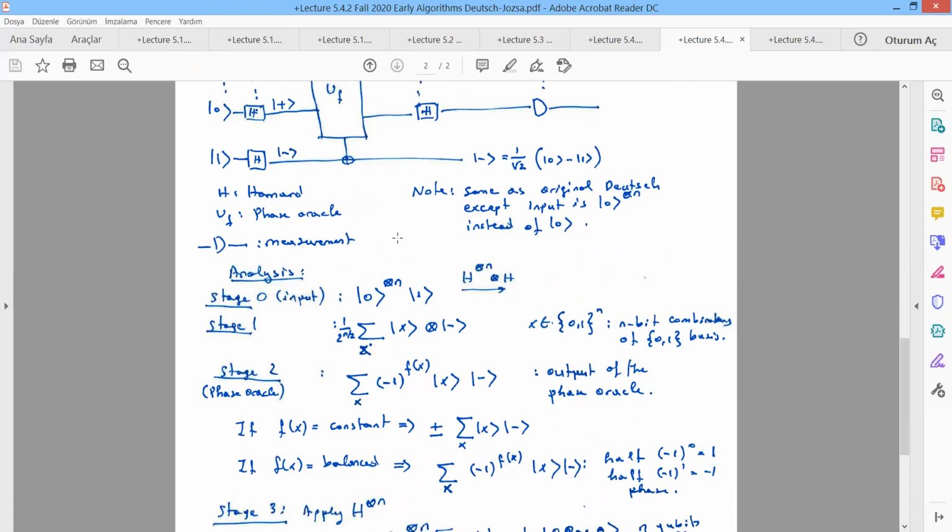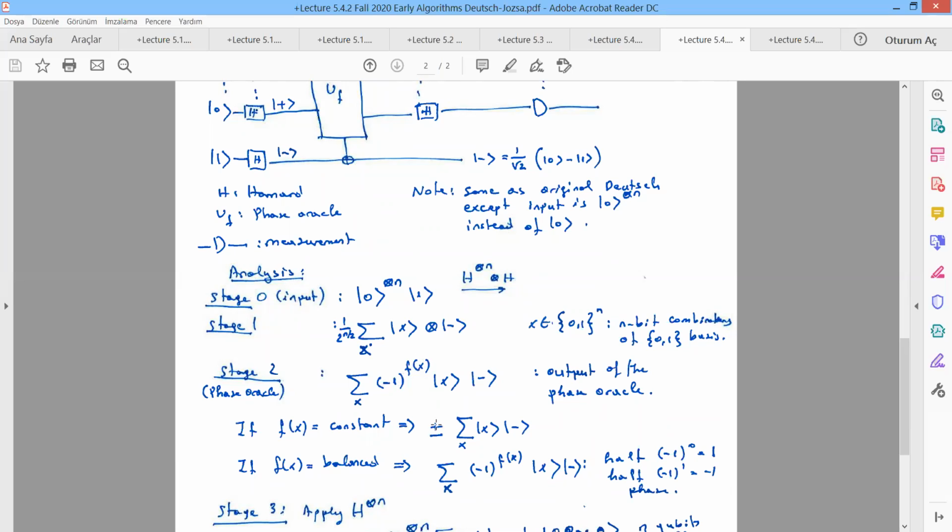So now let's look at this output of the phase oracle. If f of x is constant, in other words, for all values of x, f of x is either 0 constantly or 1 constantly, we have -1 to the 0 or -1 to the 1.